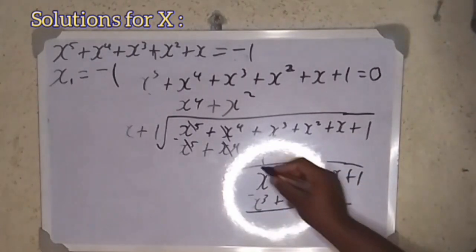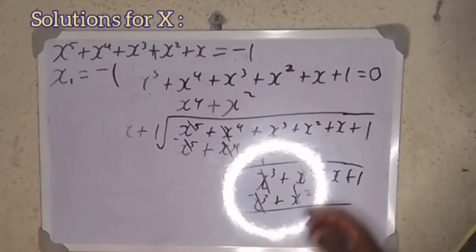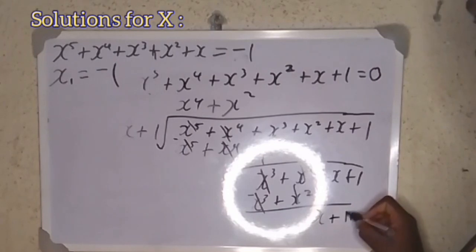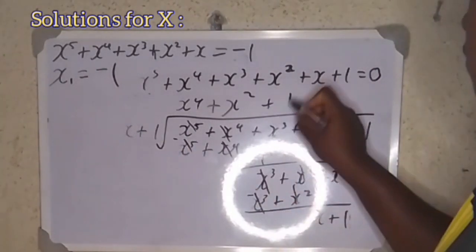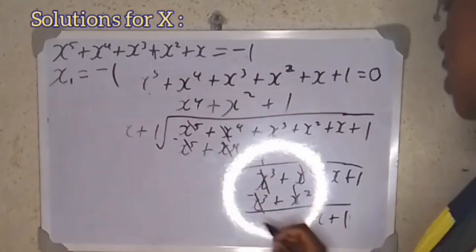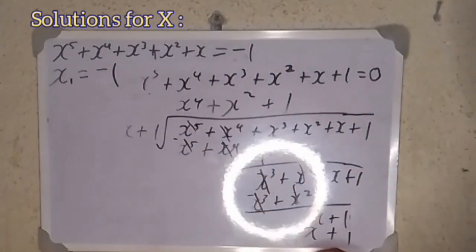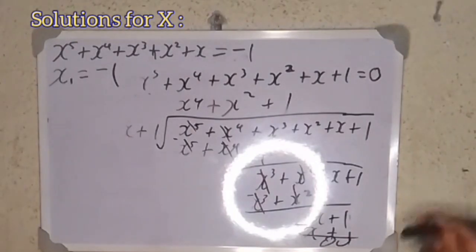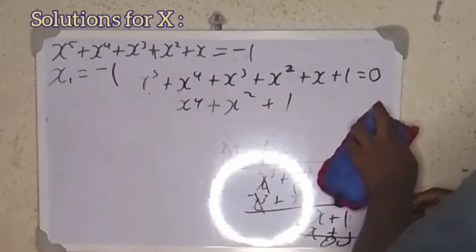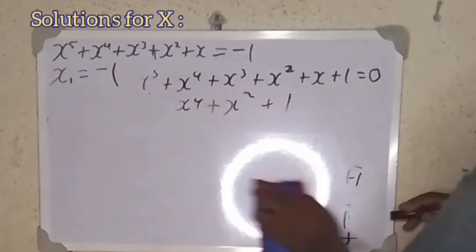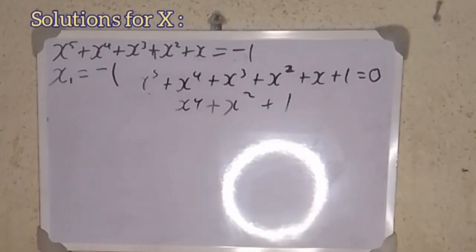If we subtract, this will cancel this and this will cancel this, leaving us with x plus 1. x divided by x will be 1, and 1 times x plus 1 is x plus 1. If we subtract, this would be 0. So basically, yes, this method is better than the first approach.